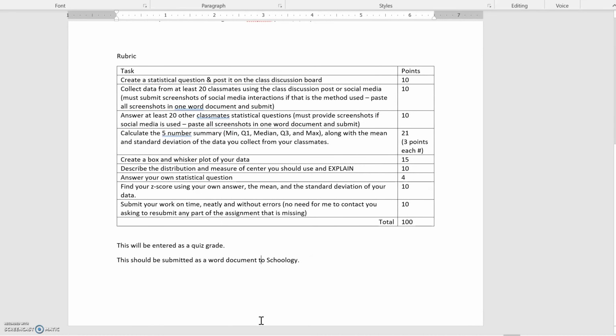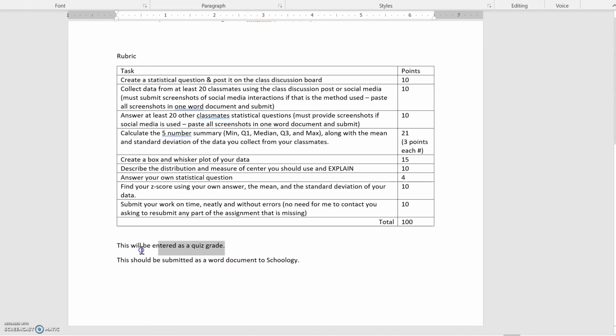Even though your question is on the discussion board, I highly recommend you still put it in your Word document, because that's the question you're answering with all this data. Making sure you know what the question was and what all these numbers mean is important, so make sure your question is in that Word document as well.